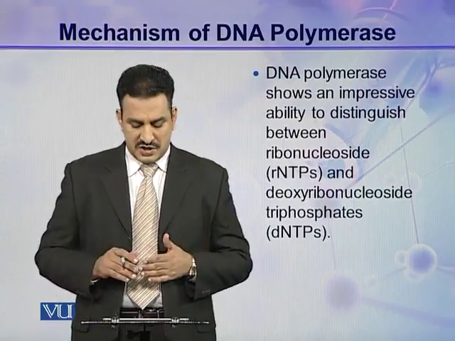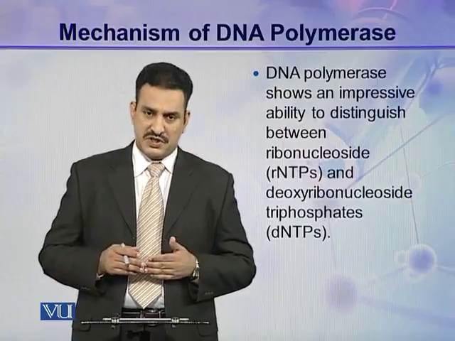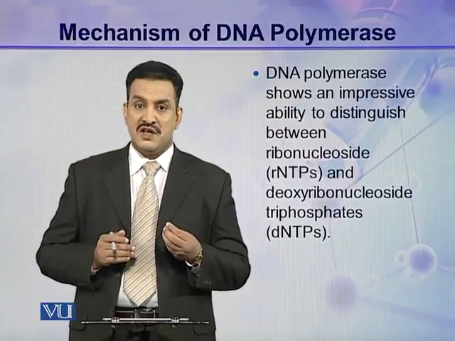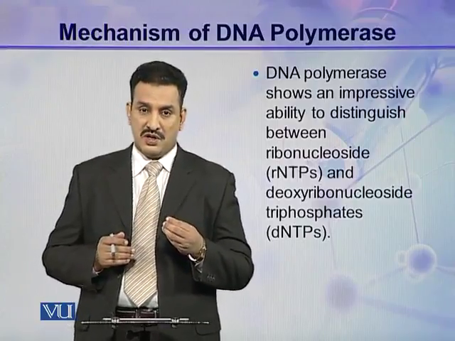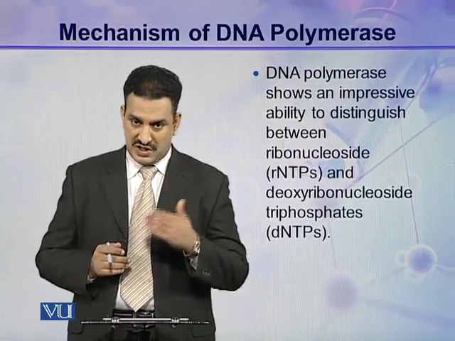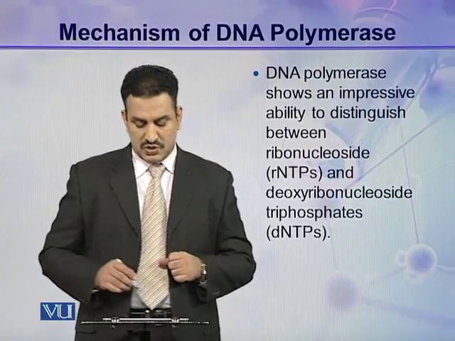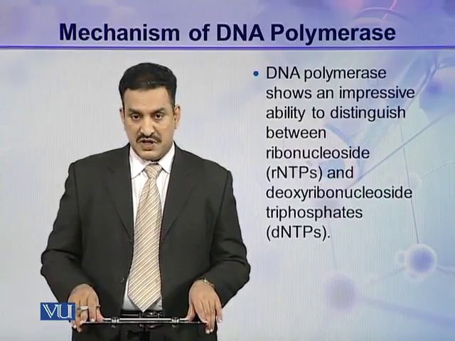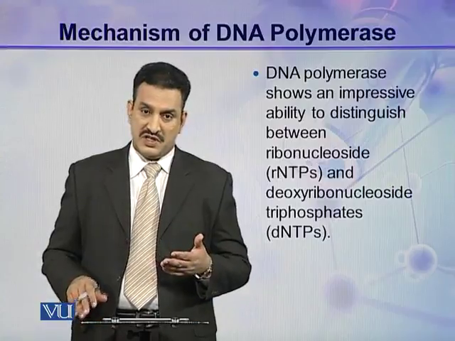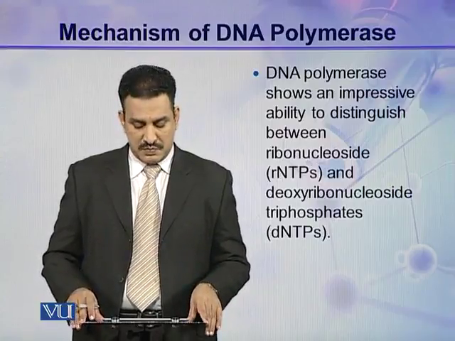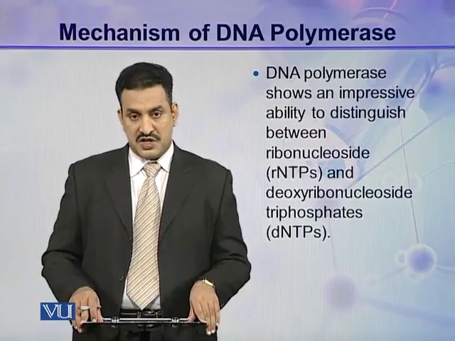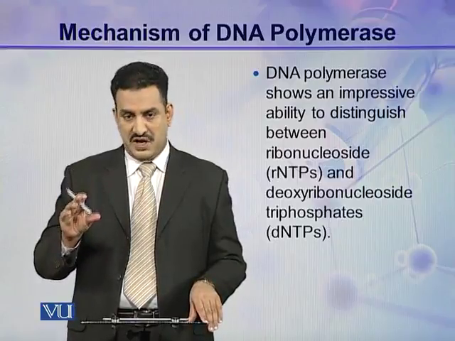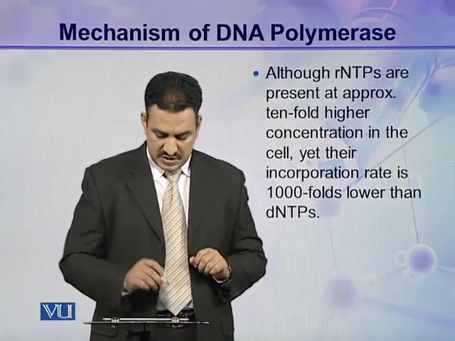As you know, these rNTPs and dNTPs have a very slight difference: the difference of only one O is present between these rNTPs and dNTPs. So there are chances that rNTP can base pair with the template instead of dNTP, but DNA polymerase has a very good ability to distinguish between rNTPs and dNTPs.